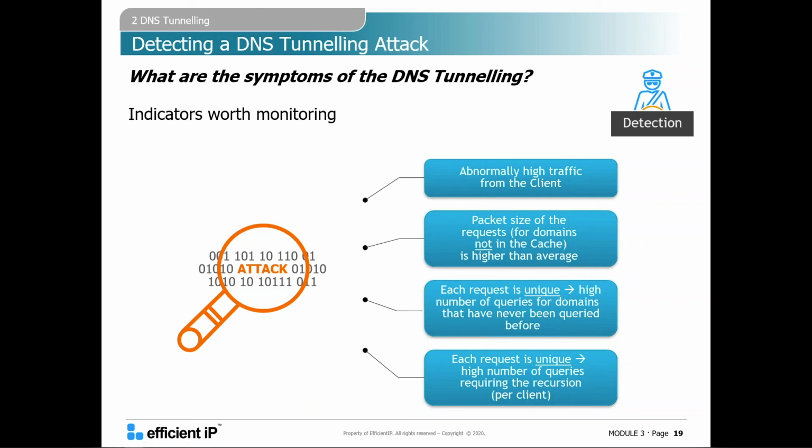This is something that we need to take note of. Why is it not hitting the cache? Firstly, the packet size of the request is higher than average, always longer than average. Secondly, there is abnormally high traffic from the client, because each request is unique and each request is an encoded value of, for example, an HTTP web request.